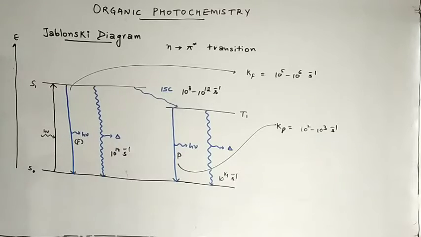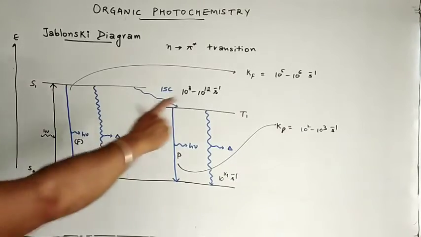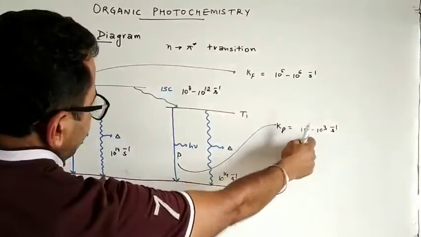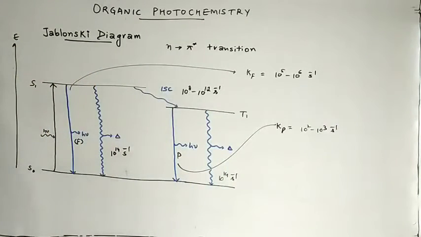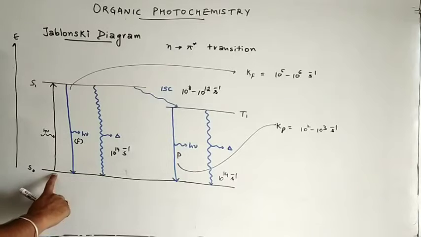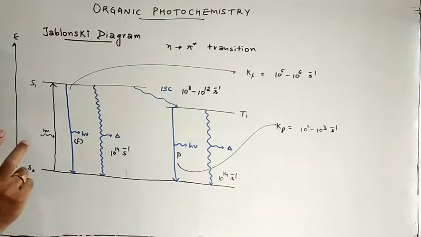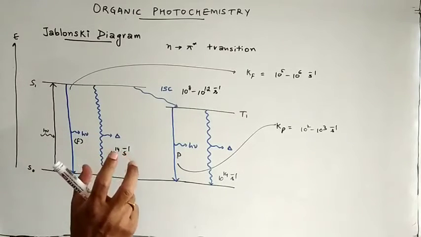Now we can compare 10 to the power 5, 6 with 10 to the power 2, 3. It means fast fluorescence is faster than that of your phosphorescence.